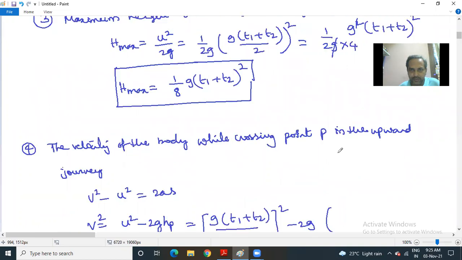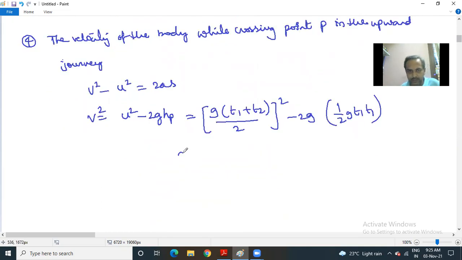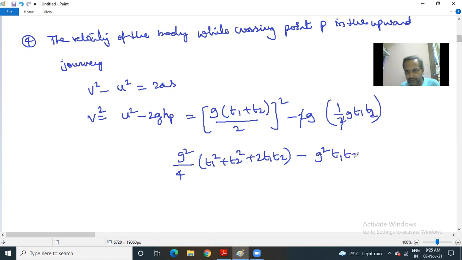Half into g t1 t2. Now just to expand this, it will be g square by 4. There will be squaring of this. You can write t1 square plus t2 square plus 2 t1 t2, minus. This 2 and 2 get cancelled. You will get g square t1 t2.